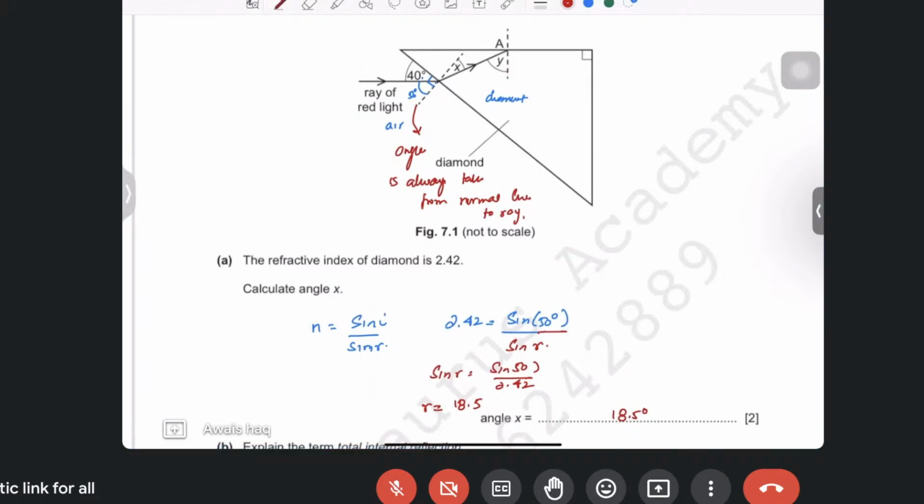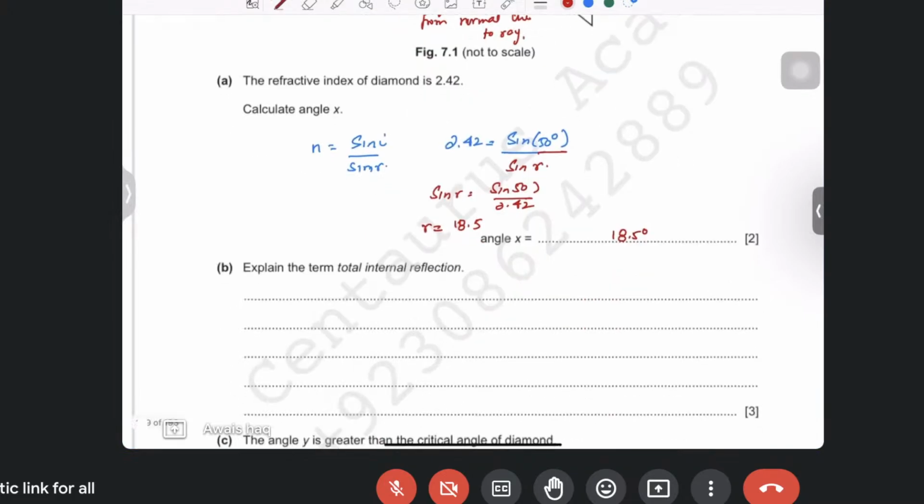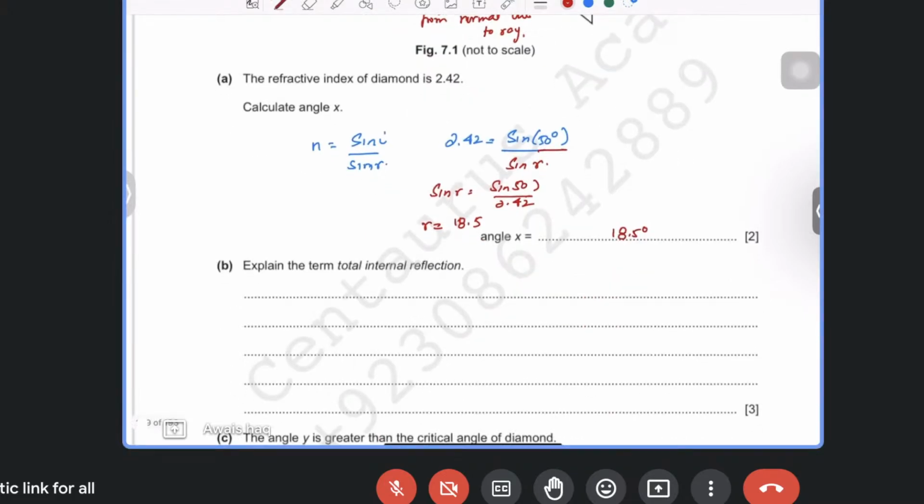No. Then it says, what is meant by the term total internal reflection. Now for 3 points, what you want to write? Point one, when a ray is passing from more dense to less dense medium. All right, this is very important, otherwise total internal reflection cannot happen.